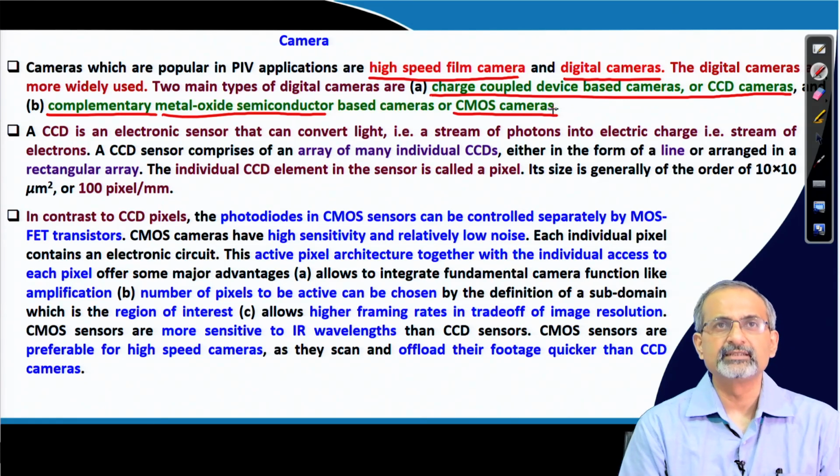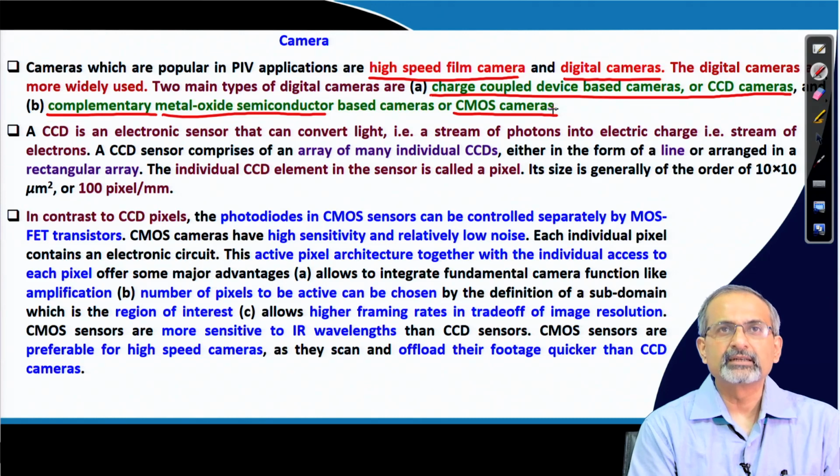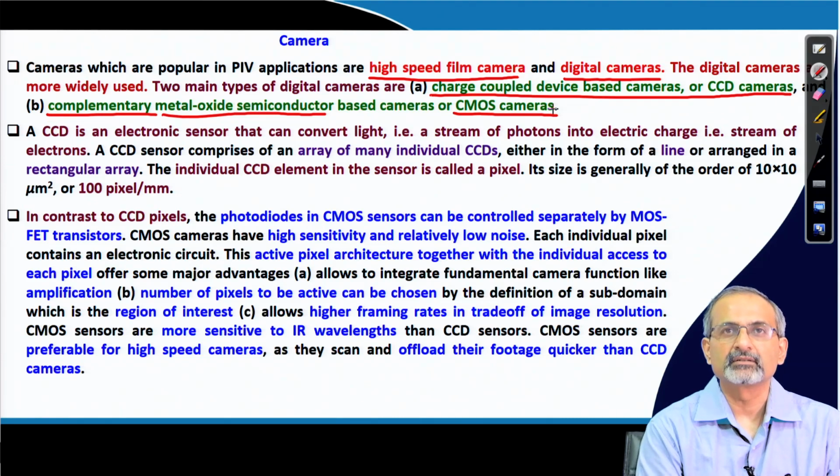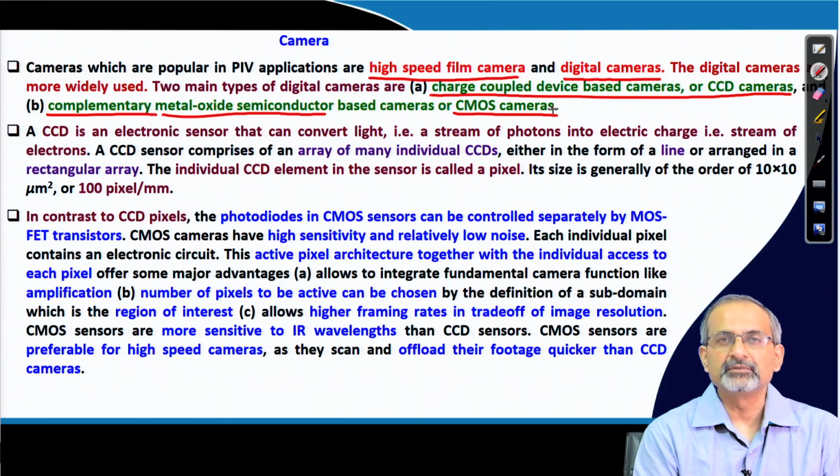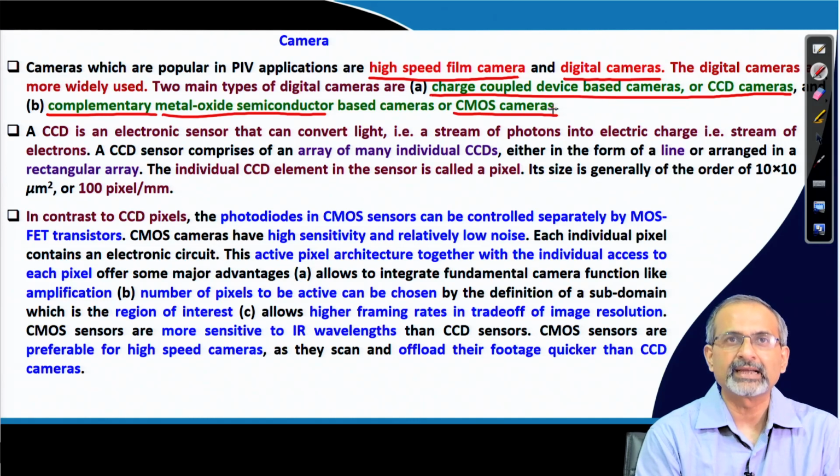Beginning with CCD, it is basically an electronic sensor that can convert the incoming stream of photons into a stream of electrons. The CCD sensor essentially comprises an array of individual CCDs, which are arranged in lines or rectangular arrays, and individual CCD elements in the sensor are called pixels.